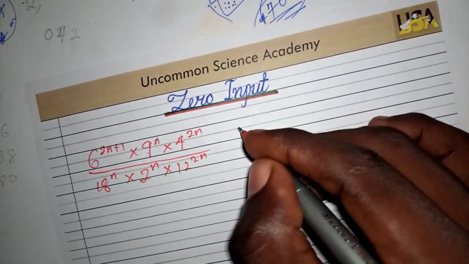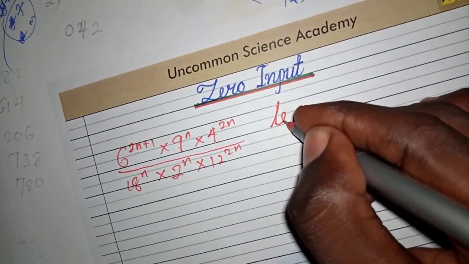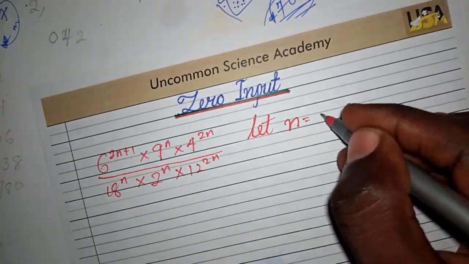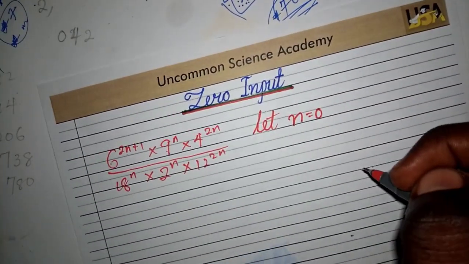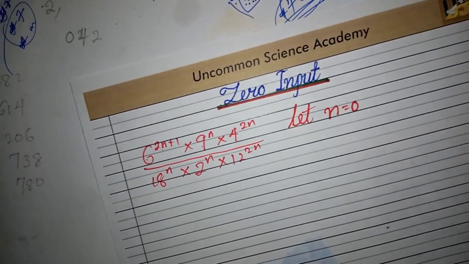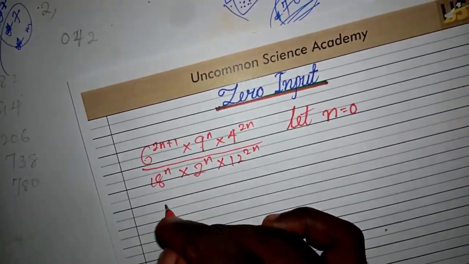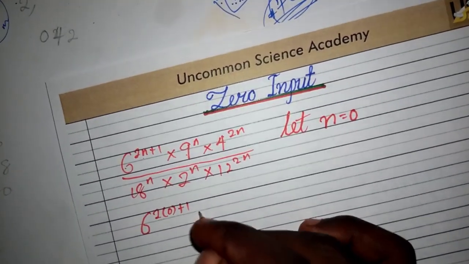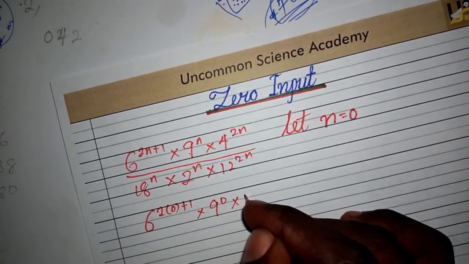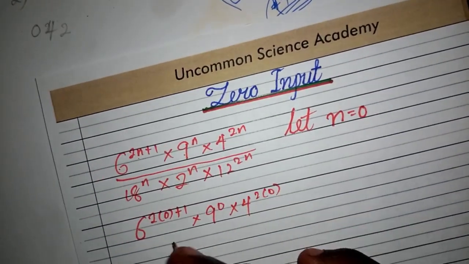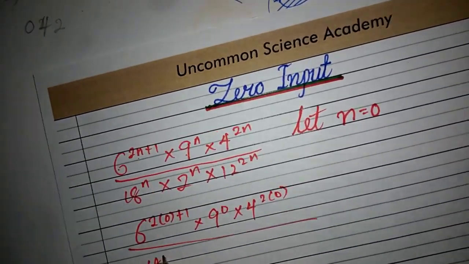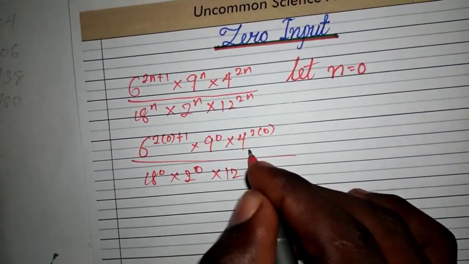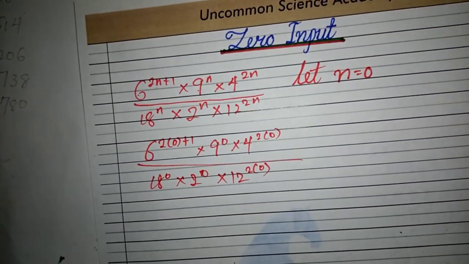All you need to do is to say, let the unknown, which is n in this case, equal 0. So anywhere you see n, you put 0. So this will become 6 to the power of 2 into 0 plus 1 times 9 to 0 times 4 to 2 into 0 divided by 18 to 0 times 2 raised to 0 times 12 raised to 2 into 0.